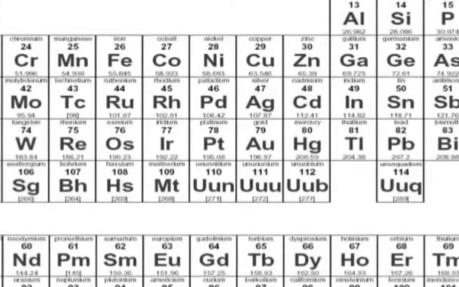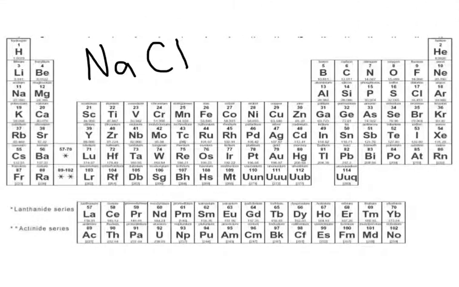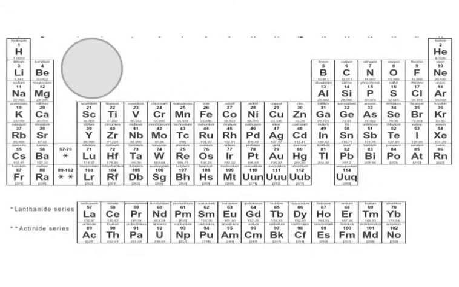So guys, whenever you're looking at molecules or compounds, if you see a bunch of letters, in order for you to be able to see how many different elements are present in a compound, what you're going to be looking for is actually the capital letters.